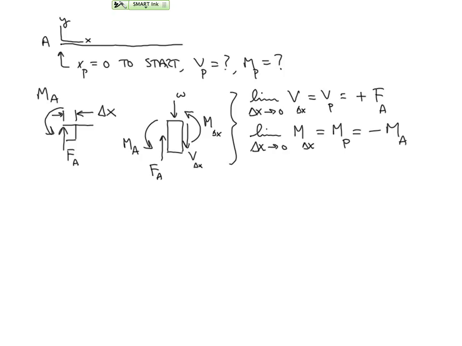The difference in sign stems from the different sign convention we chose for V relative to M.